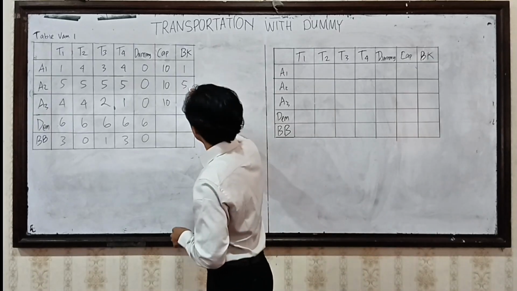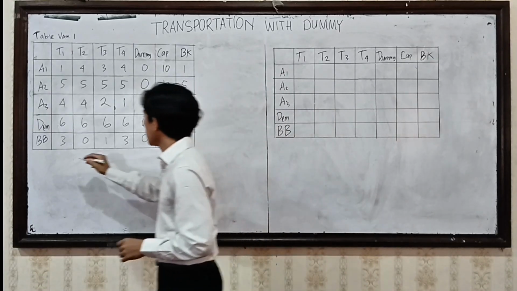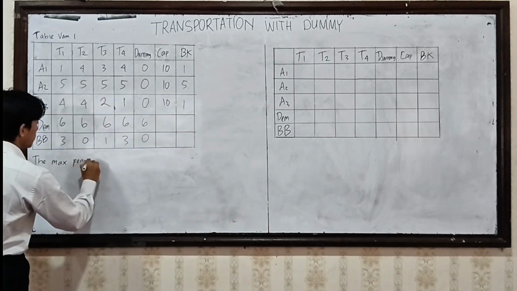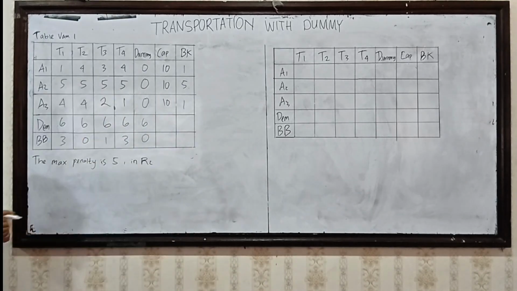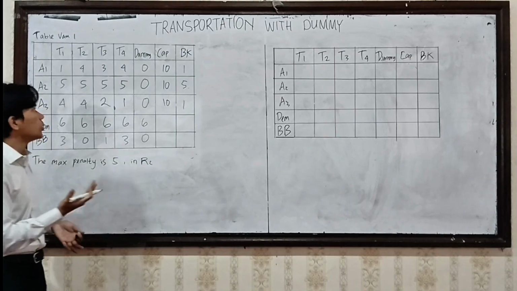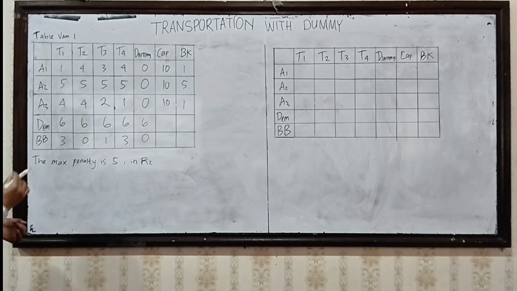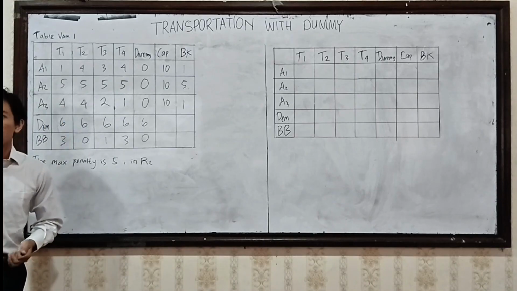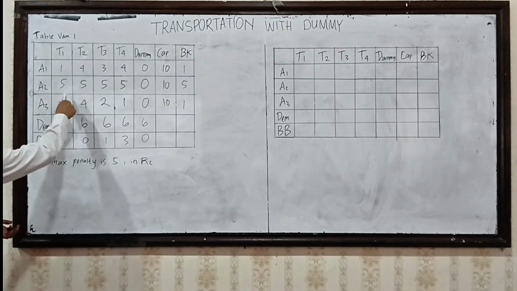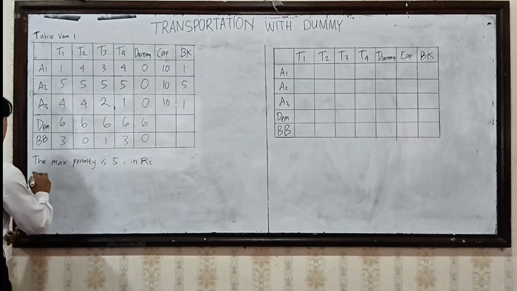Yeah, this is in row 2. We can write it here. And based on row 2, we find the minimum cost in row 2. The minimum cost between 5 and 0, yes, 0.